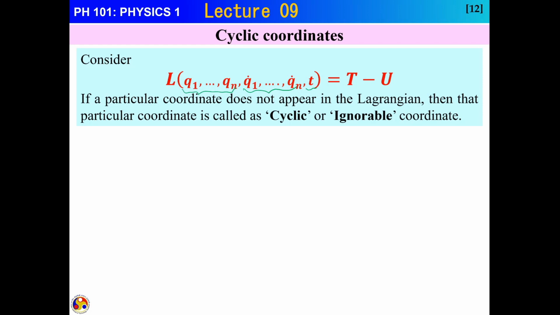But now what we are going to say is that if a particular coordinate does not appear in the Lagrangian, then that coordinate is called cyclic, or you can say ignorable, coordinate.